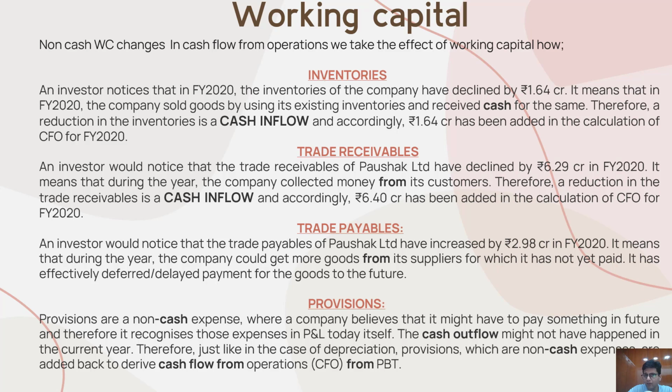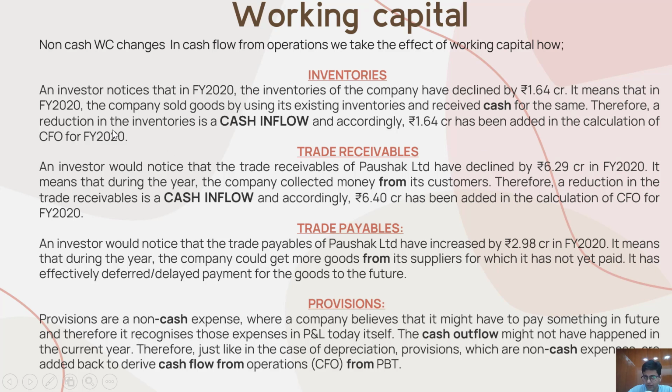We discussed in Poshak Limited, we noticed that in financial year 2020, the inventories of the company had declined by 1.64 crores. It means that in financial year 2020, the company sold goods by using its existing inventories and received cash for the same.